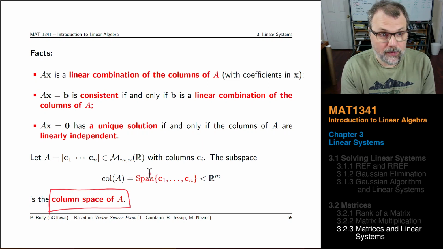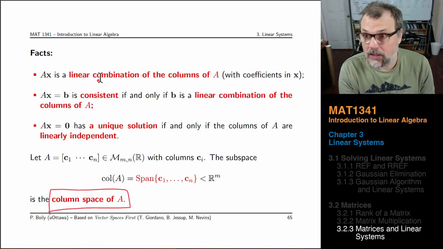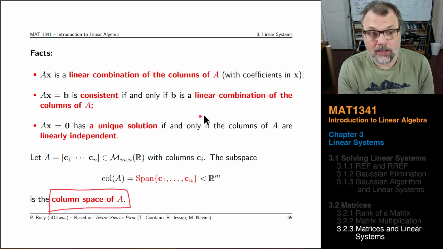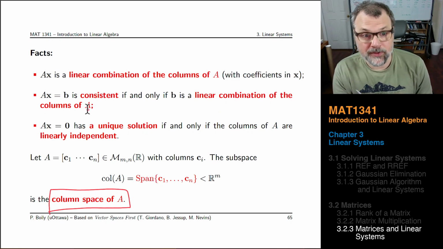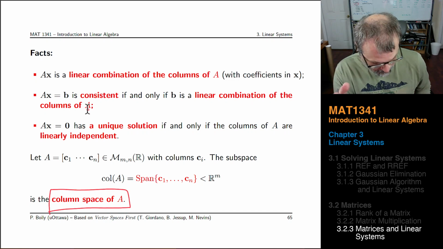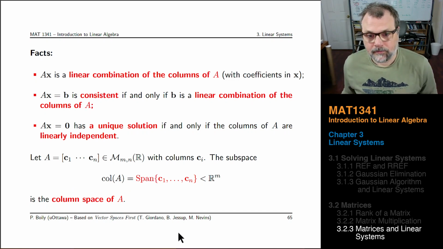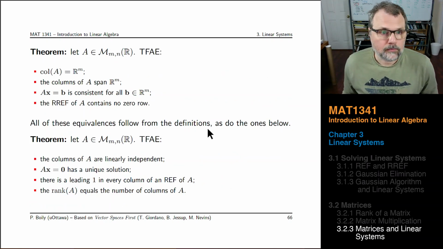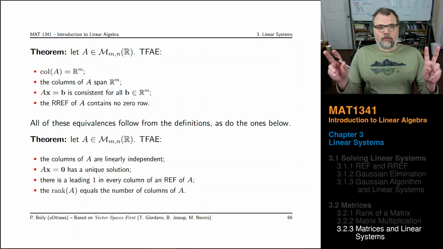And it's an important space because we've seen that solving Ax equals something does hinge on what the span of the columns of A looks like. So there's two important theorems which I will not demonstrate.